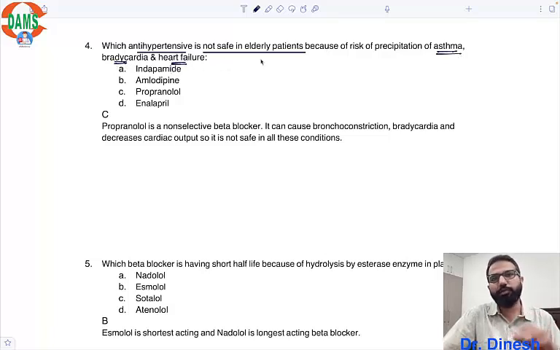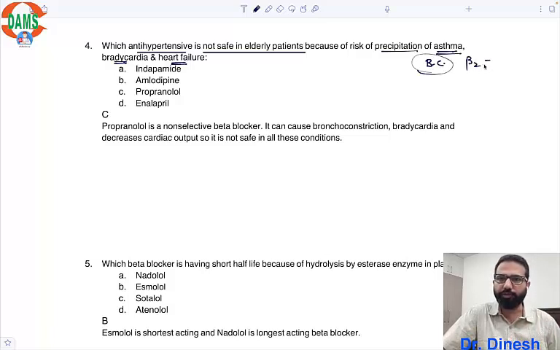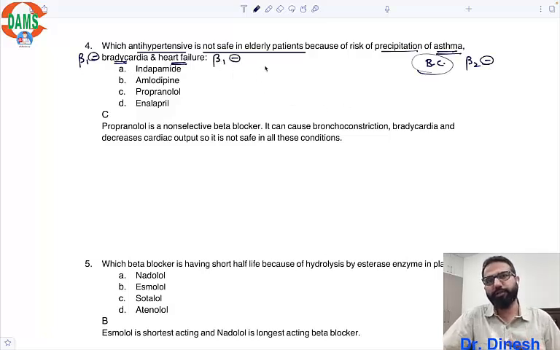So the antihypertensive drug not safe in elderly patients because it can precipitate asthma, bronchoconstriction. Beta 2 receptor blockade can cause bronchoconstriction. Bradycardia, beta 1 blockade can cause bradycardia. Heart failure, beta 1 blockade can cause heart failure. In old patients, the antihypertensive causing this problem is through beta 2 and beta 1 blockade.